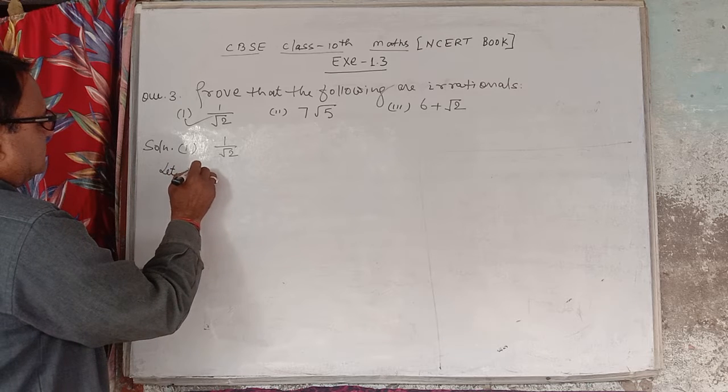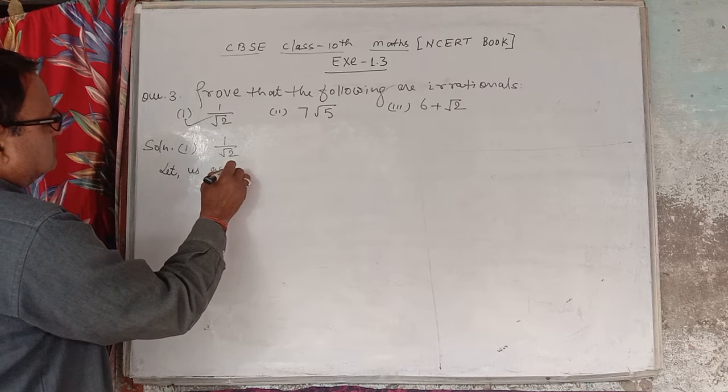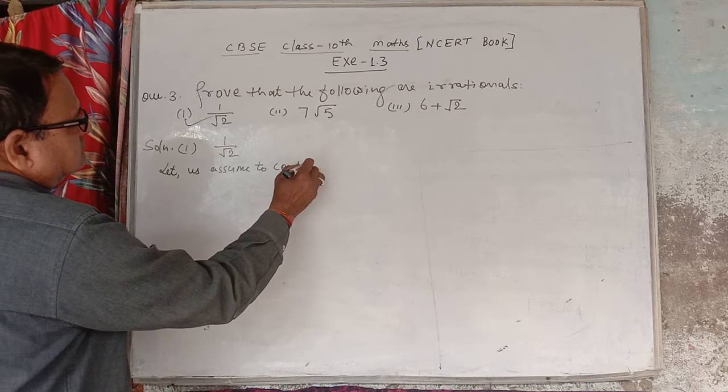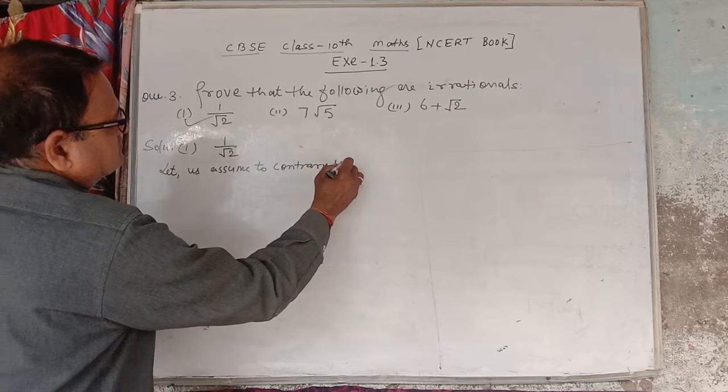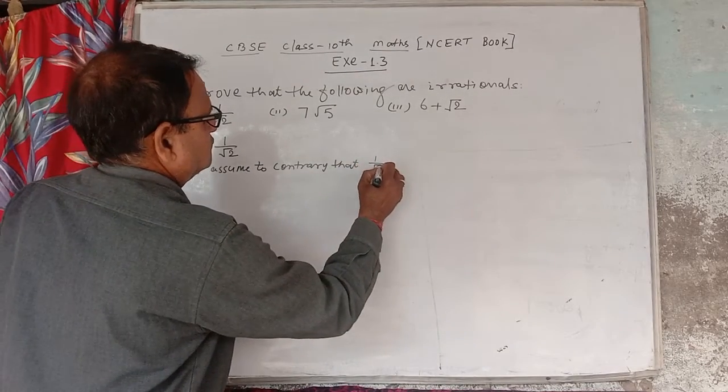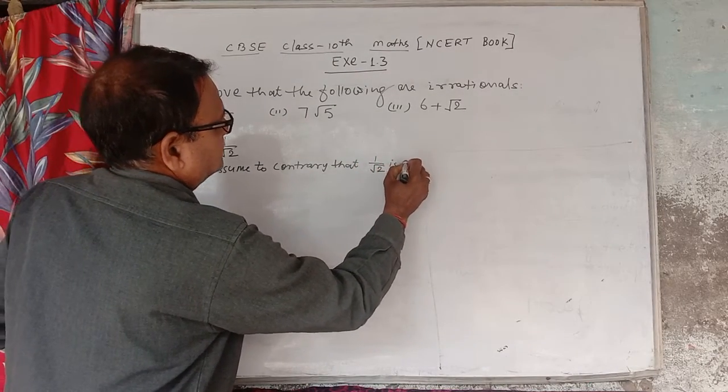Let us assume to the contrary that 1 by root 2 is rational.